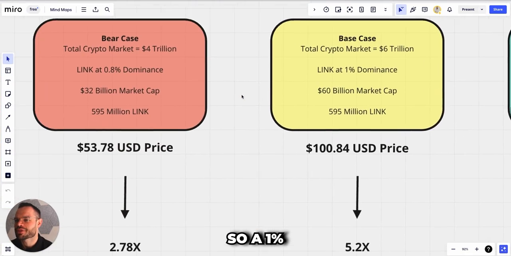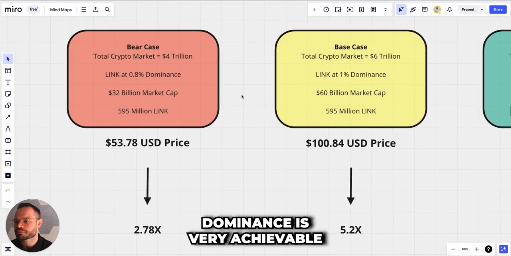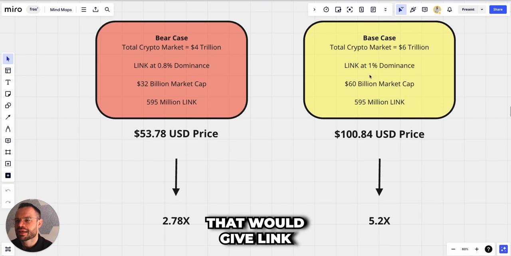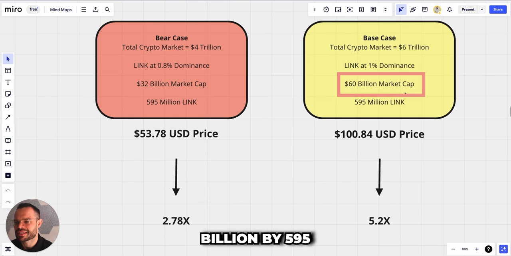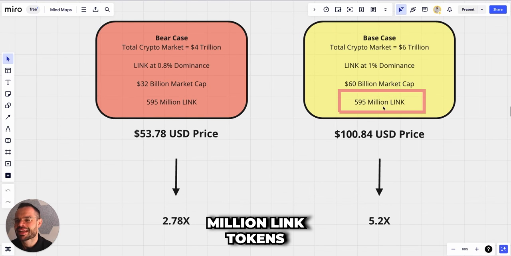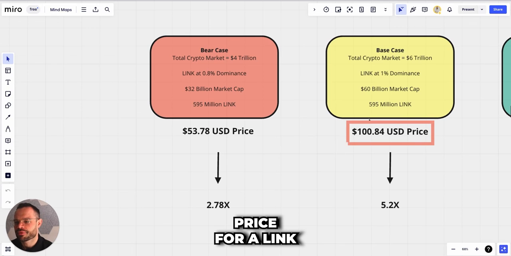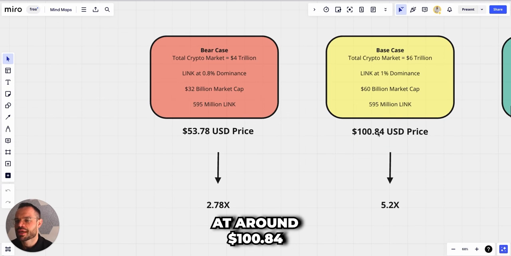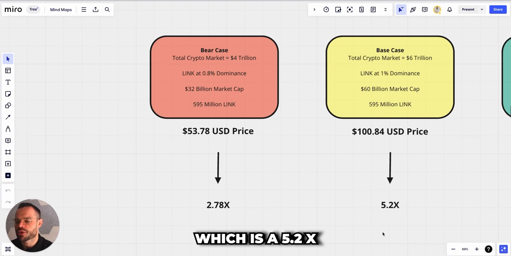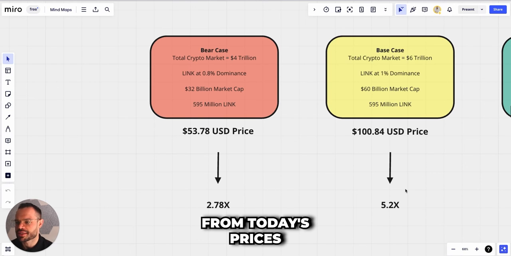So a 1% dominance is very achievable. That would give Link a total market cap of around $60 billion US, and then dividing 60 billion by 595 million Link tokens gives us a target base price for Link at around $100.84, which is a 5.2x from today's prices.